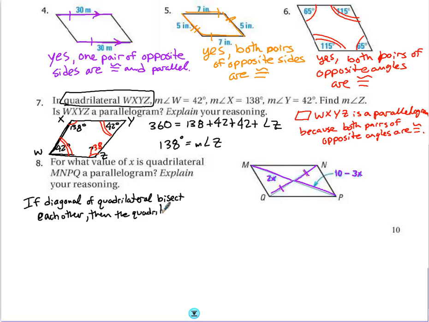That is the converse statement they're trying to prove true. To make this statement true, they need to make sure that the diagonals bisect each other. The only way that's going to happen is if the sides, after the intersection, the two segments are congruent to each other. So the last thing I need to know is, does 2x equal 10 minus 3x?